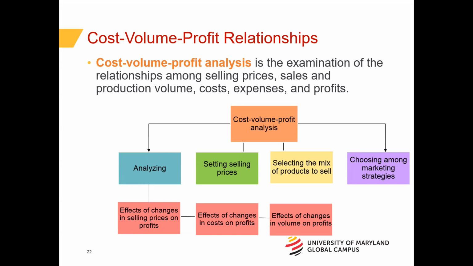It also helps the business to identify its sales mix. Sales mix. That's a term that you hopefully have learned at some point in your business program. The sales mix is the variety of products that your business sells. And the break-even point will help you to identify what items you need to sell in order to break even, or sell more of in some cases, or less of, depends.